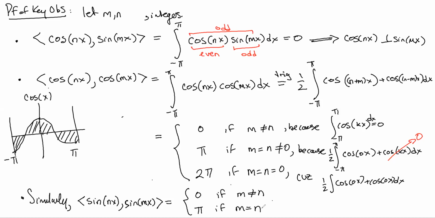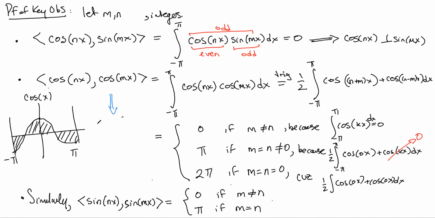So what's the upshot of this? Well, it gives us a pretty interesting picture of these vectors living in this vector space V pi. There are infinitely many of them. Any two distinct ones are orthogonal because their inner product is 0. And by plugging in the m equals n cases, we actually even computed the norms of the vectors.